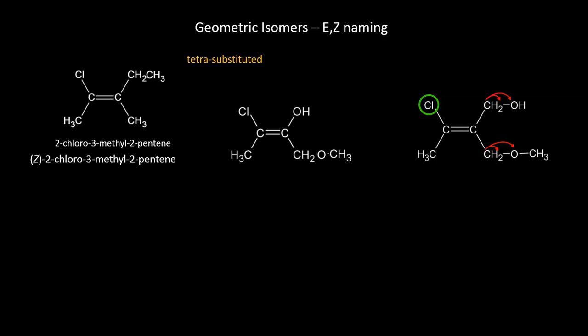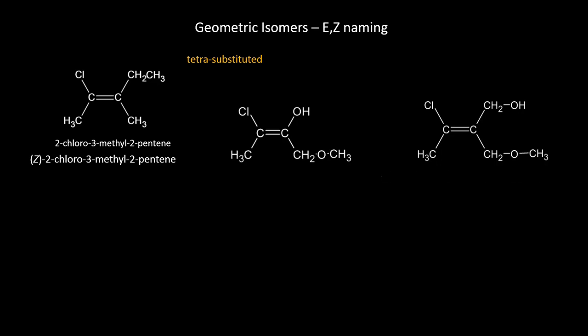So still a tie. We go another step to find the first point of difference. This oxygen connects to hydrogen, whereas this oxygen connects to carbon, which makes this group of higher priority. This group is on the opposite side from chlorine and is therefore an E designation. Again, I'll show the name only briefly.